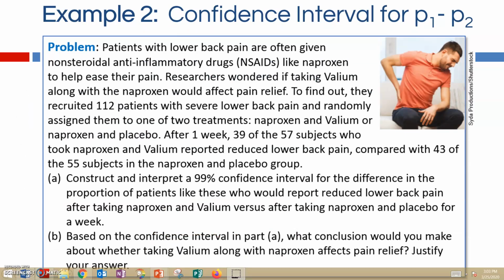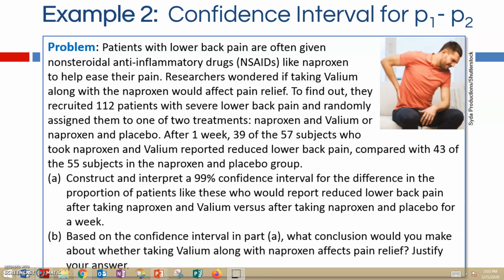All right, so in this experiment, there are two groups taking two different types of anti-inflammatory drugs to help ease back pain. As you can see, that gentleman looks like he's in some severe distress. So the researchers conducted this experiment with 112 patients, 112 volunteers.